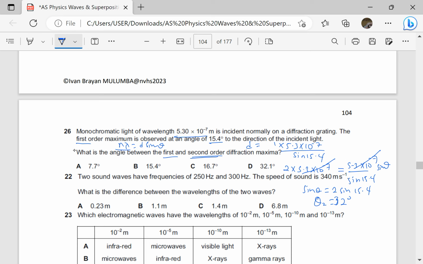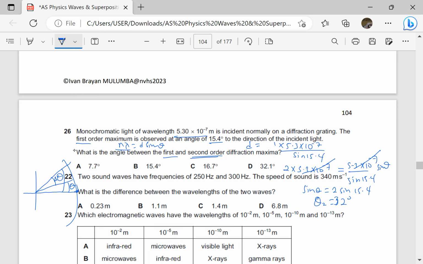So if this is the diffraction grating, and somewhere here we have the screen, the central order maximum is this one, the first order is this one, the second order, and we want this angle here. This angle here is the difference in the angle between the second order and the first order.